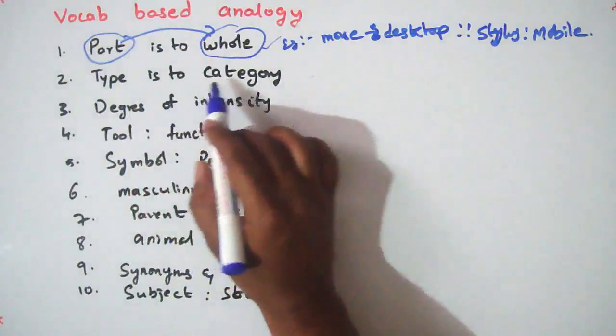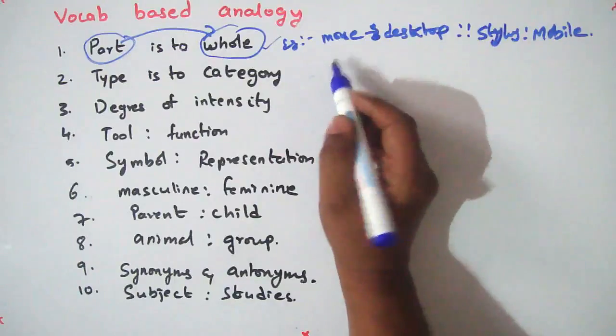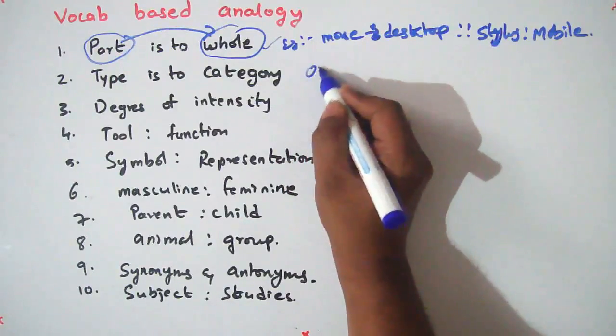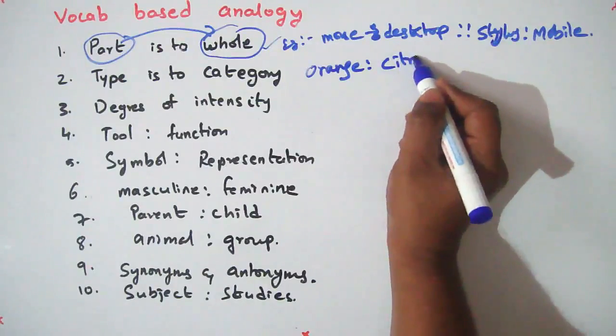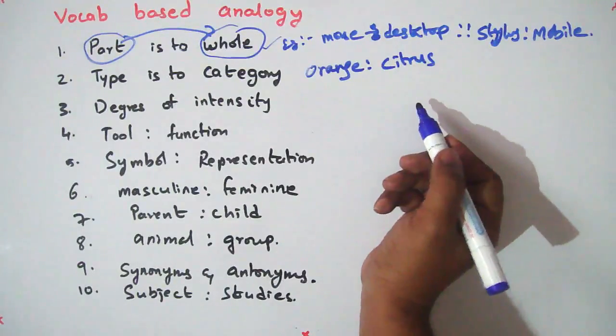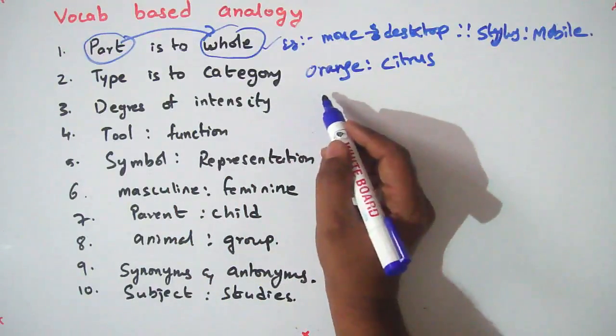The same way, a type is to category. One type to one category. If you take orange, orange is a fruit, belongs to citrus category.